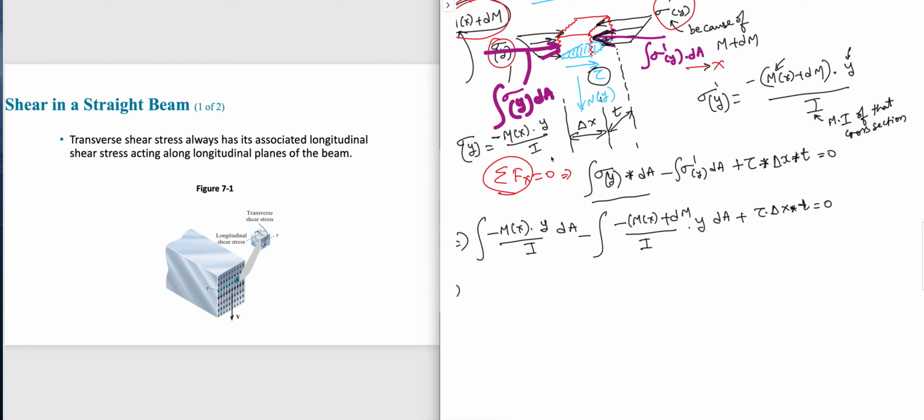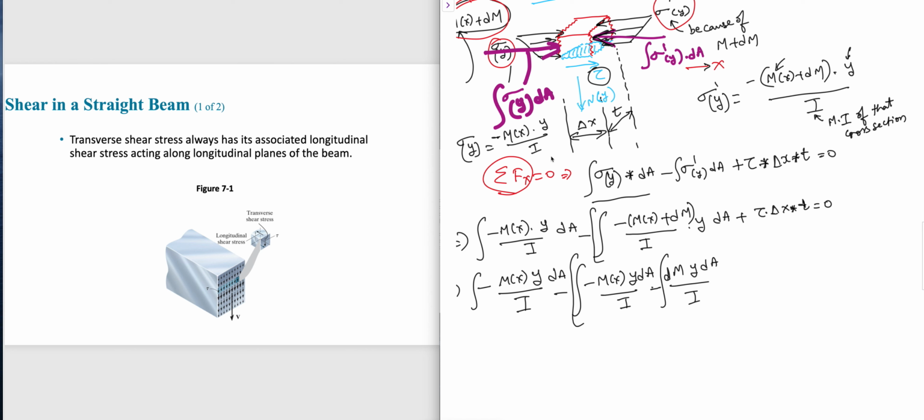So negative M of x y dA over I, minus the integral of minus M of x y dA over I, minus dM y dA over I. This is also an integral.